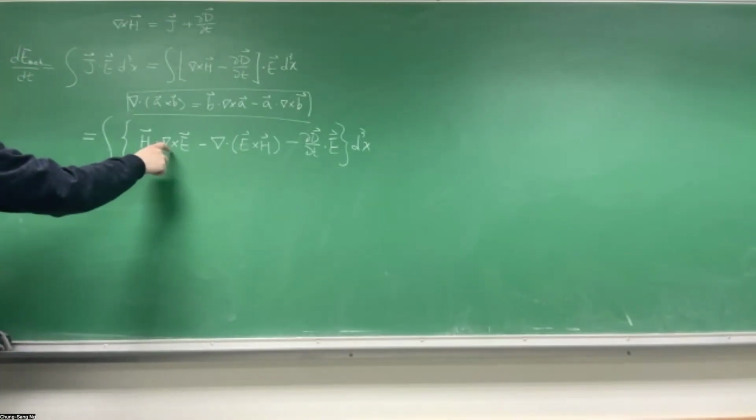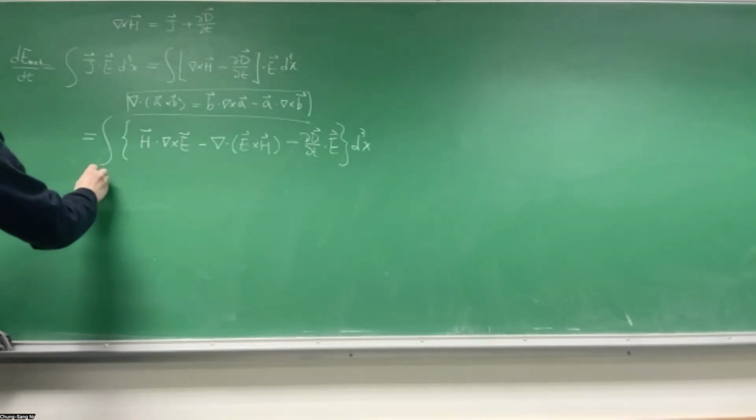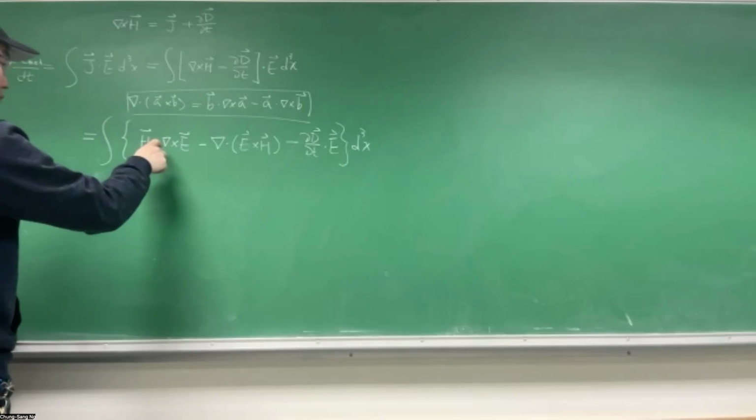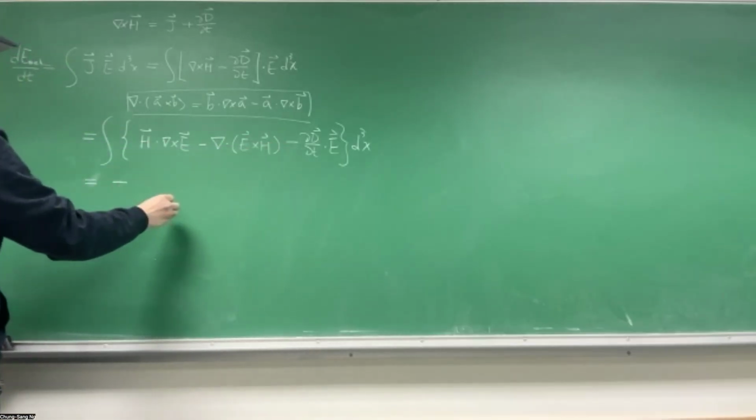Now, for this one, you can use Faraday's law. Curl E is minus partial B partial t. So now it becomes minus. This is minus, this is minus, everything is minus.